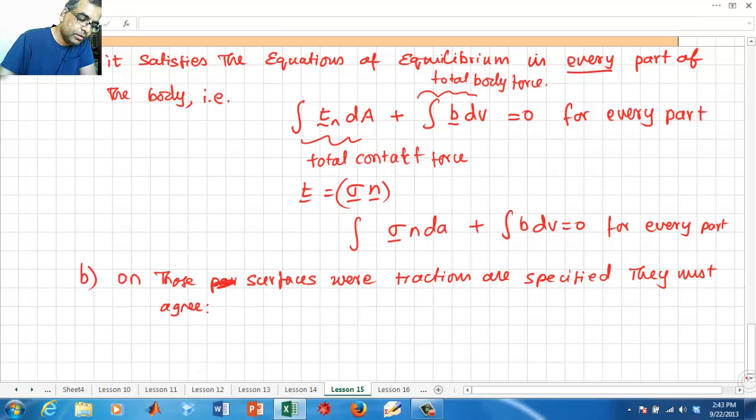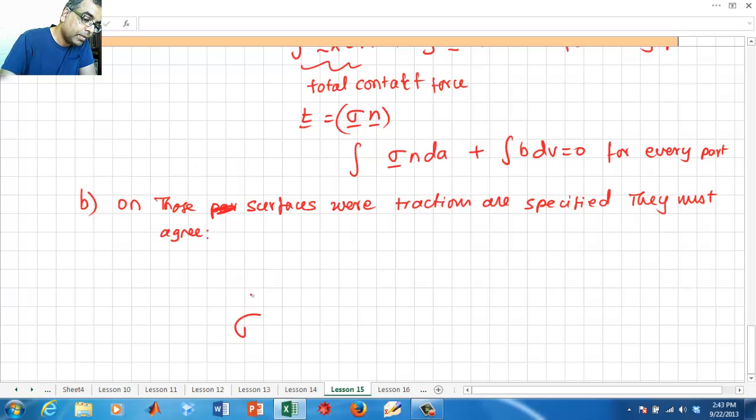That means sigma times N must be equal to T on partial omega 1 and must be equal to 0 on partial omega 3. What do I mean by that?